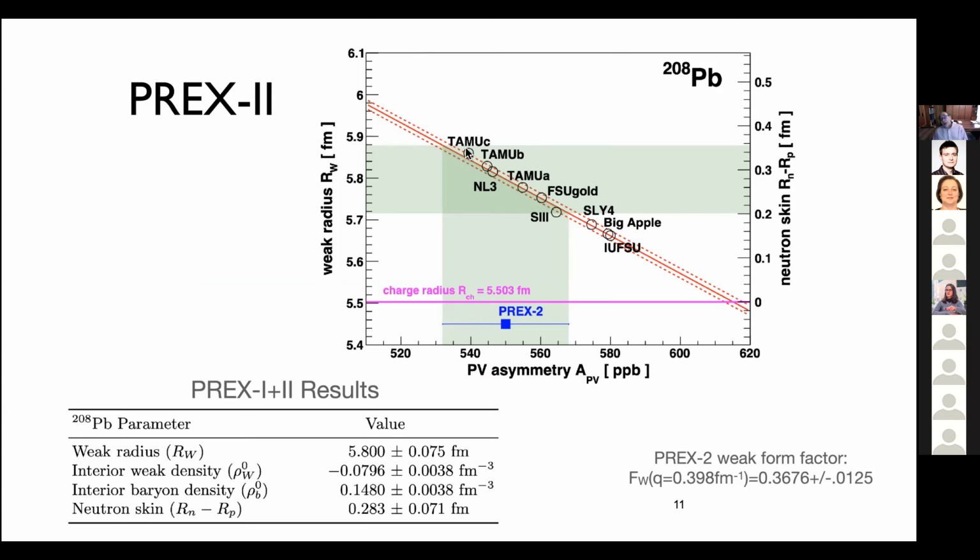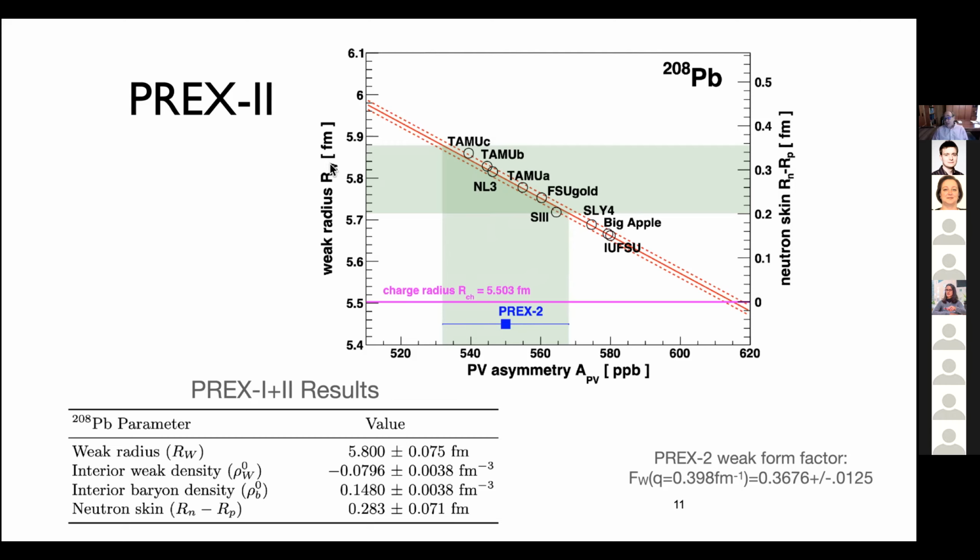You take a weak charge density, accurately calculate the parity violating asymmetry, including Coulomb distortions, carefully average that asymmetry over the angular acceptance of the experiment, and that leads to these points here. And then if you compare the calculated parity violating asymmetry to the measured one, one can use this correlation to deduce the weak radius of lead-208.